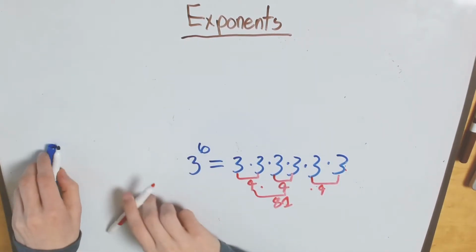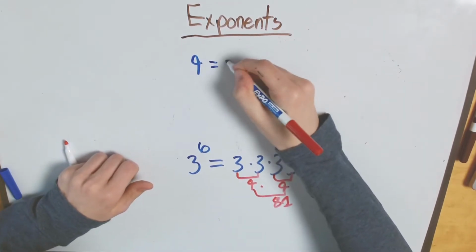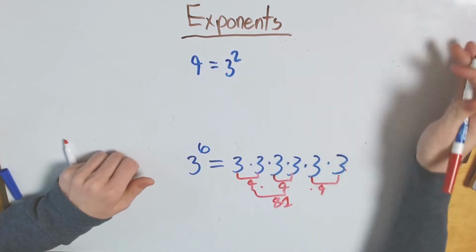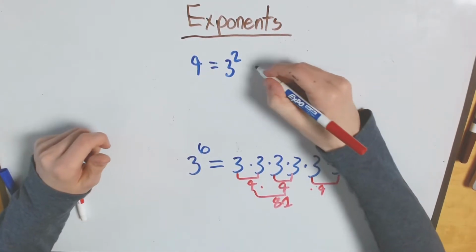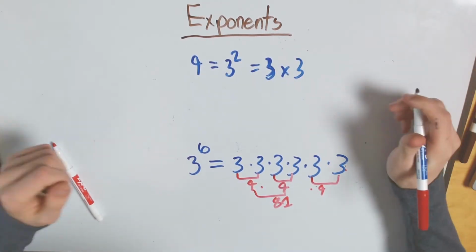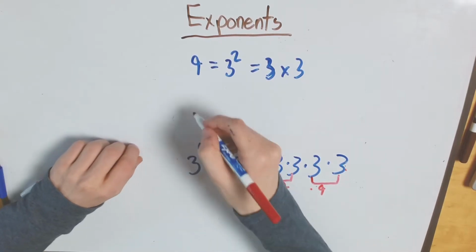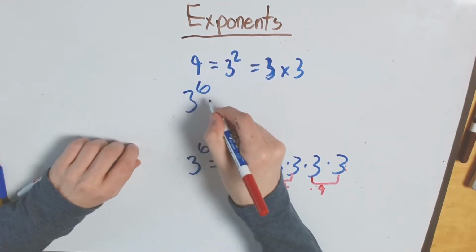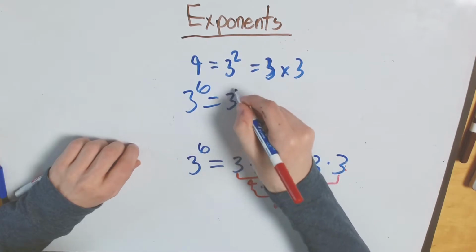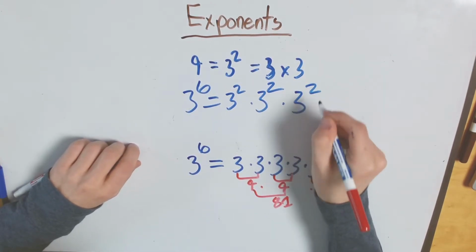Now the interesting thing about that is that 9 is actually 3 to the 2, which makes sense if we think about it, right? 3 times 3 is indeed 9. But what does that mean? That means we can rewrite 3 to the 6 as 3 to the 2 times 3 to the 2 times 3 to the 2.